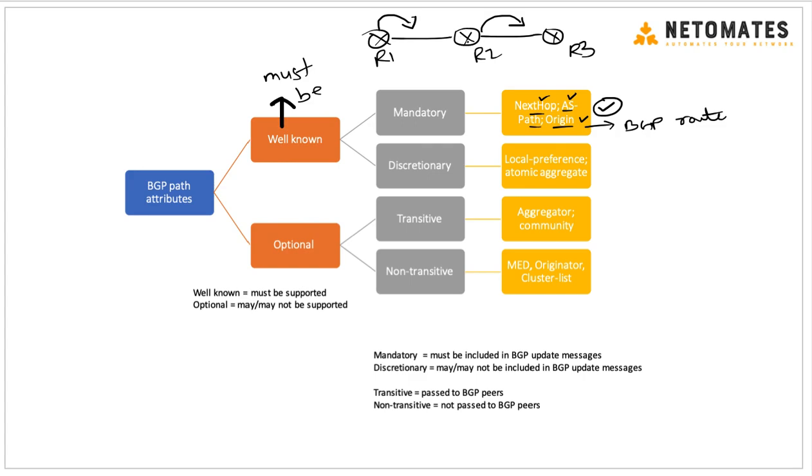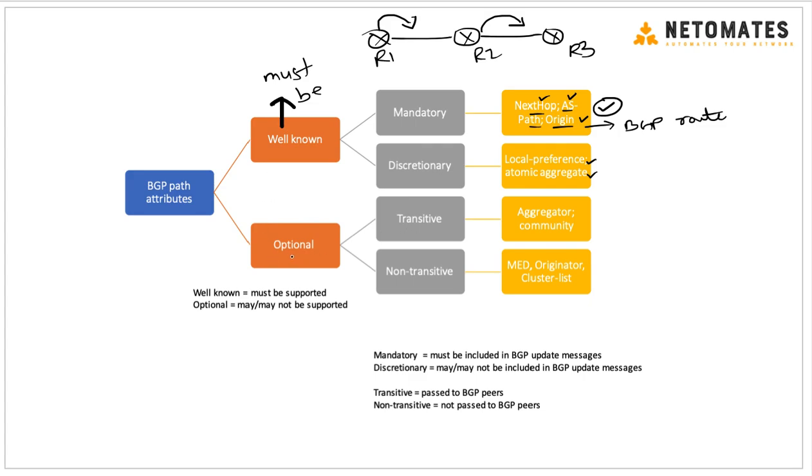But whenever R2 sends that update to R3, it is not mandatory to forward that information. There are two in this list: local preference and atomic aggregate. If R1 is sending a route using local preference, R2 will understand it because it is well-known and supported, but it may not forward it to R3.